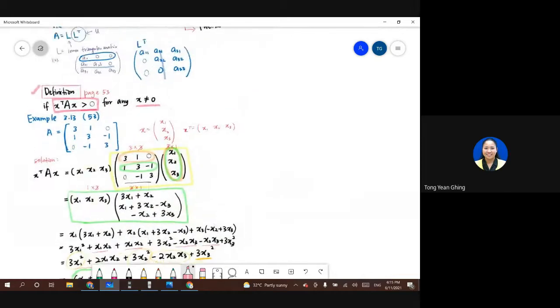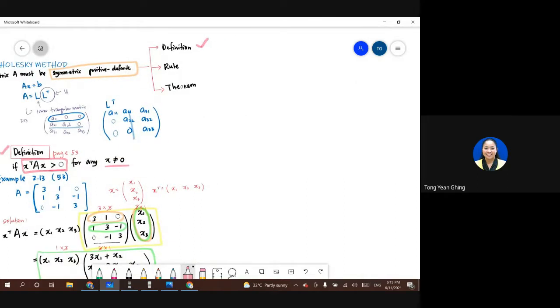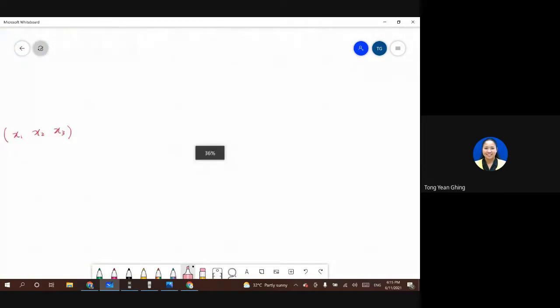Okay, go to the second one, which is by rules. So using rules, you may refer to page 53.